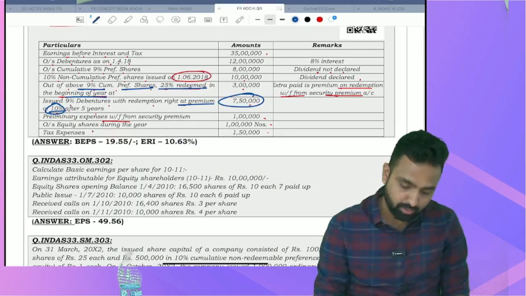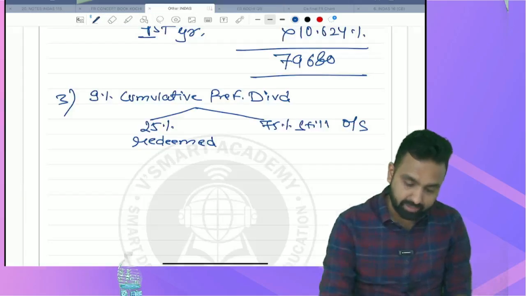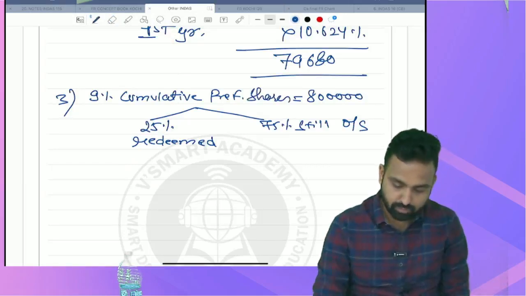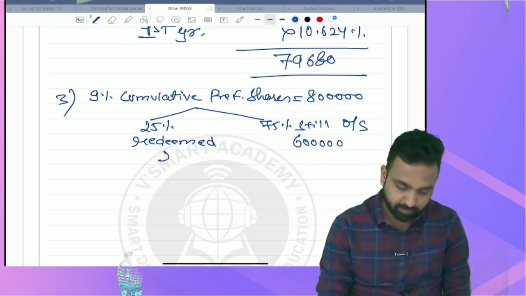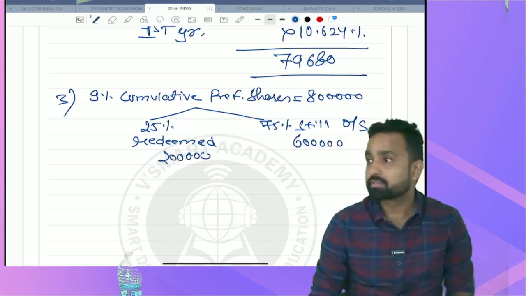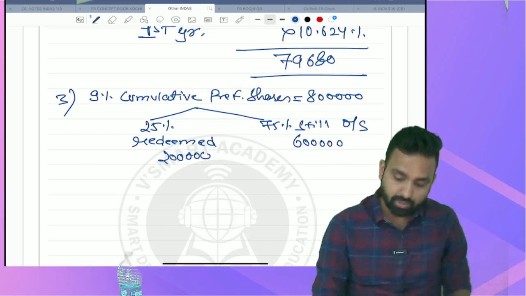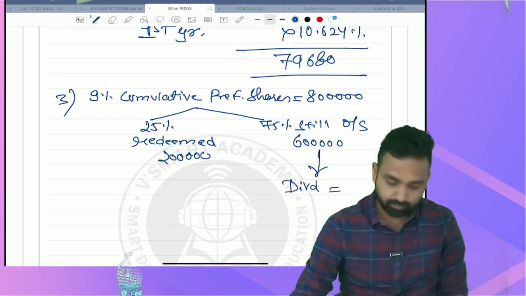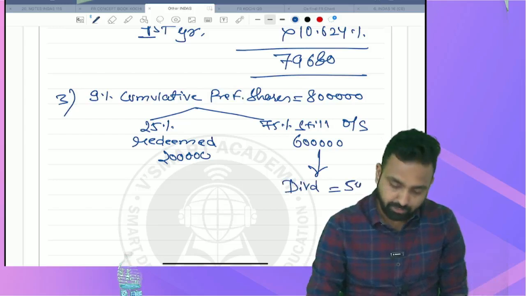What's the total value? It's 8 lakh. It's 6 lakhs. It's 2 lakhs. Calculate the dividend on this part only. 50.